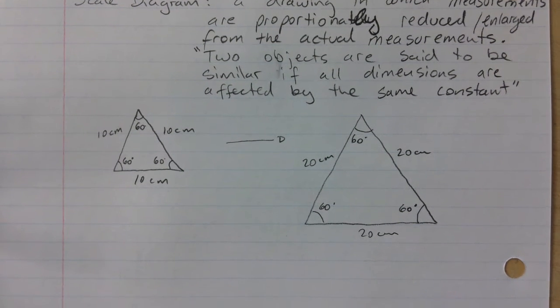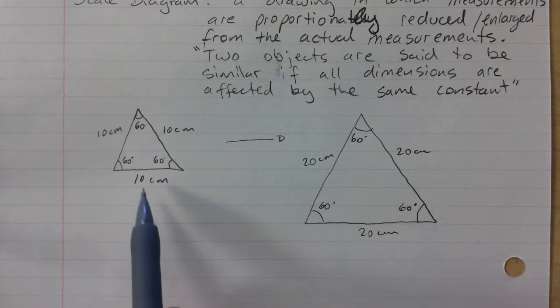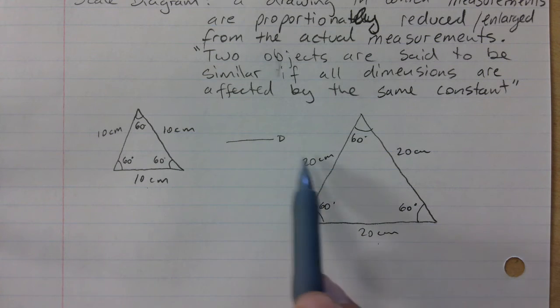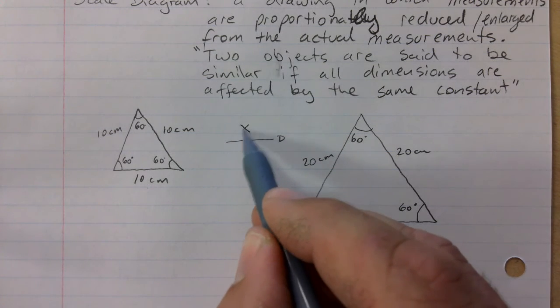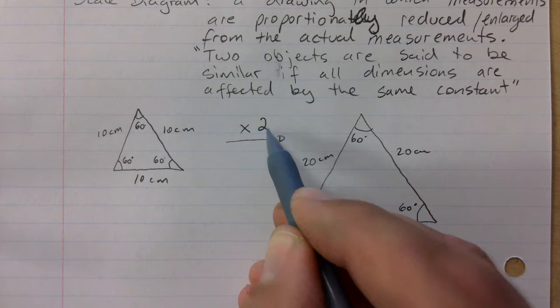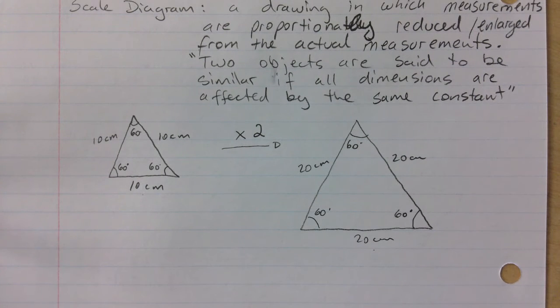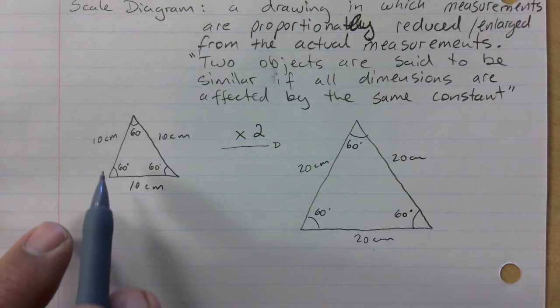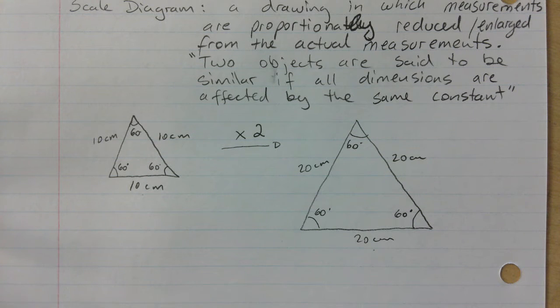Okay? So every single dimension has been affected by a factor or a constant of 2. It could be times 2, it could be times 3, it could be times 2.15, it could be a third, a quarter, it doesn't matter. It's going to be affected by the same constant, and all angles are going to be congruent, right?